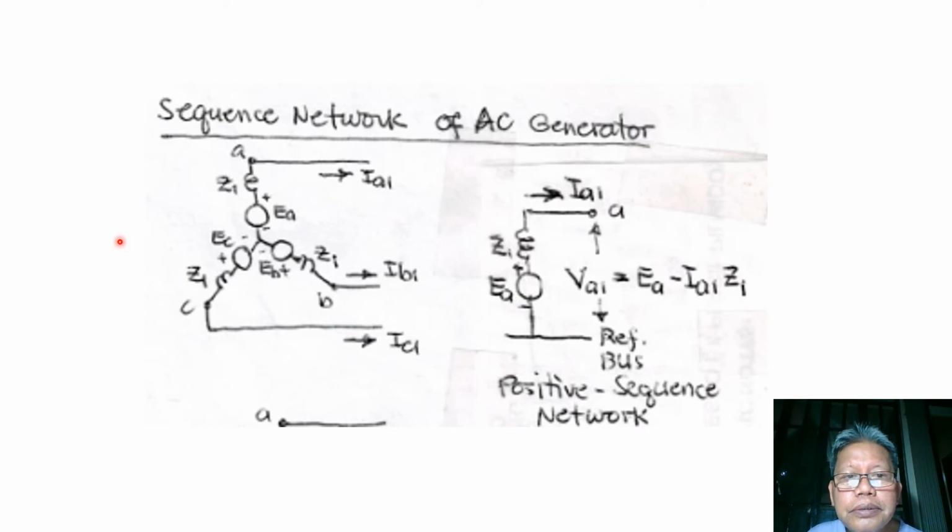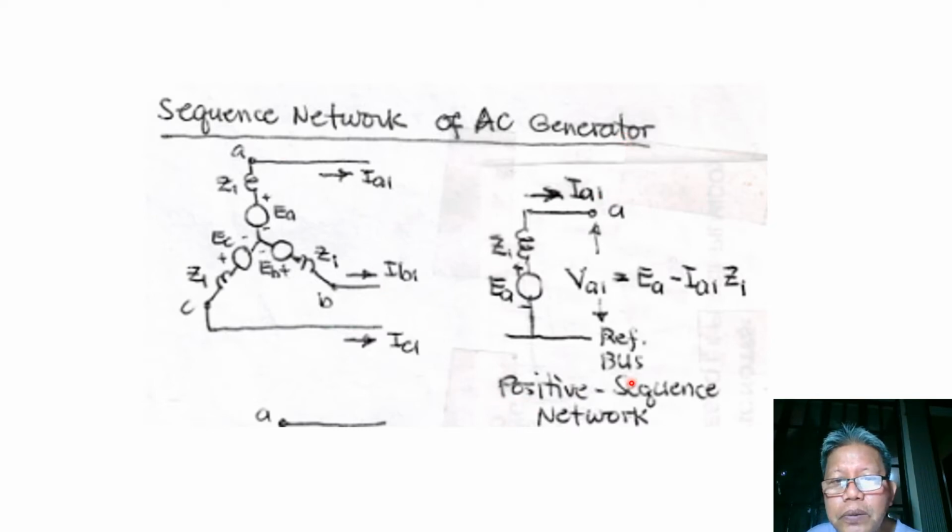So with those values of sequence reactances of our generators, transformers, and transmission lines, we can draw the sequence networks of an AC generator.